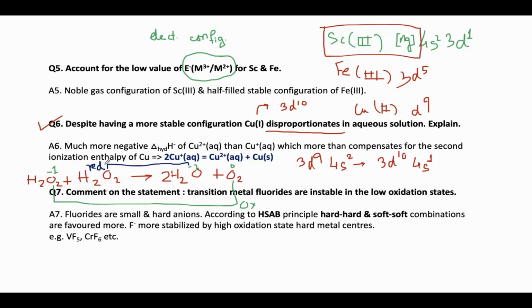That is the major definition of a disproportionation reaction: one single species gets oxidized and that same species gets reduced in two different paths. Now what happens in the case of copper?